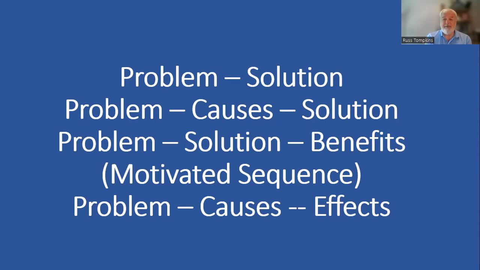Either the positive effects of if we make a change, if we come up with a solution, how things could change for the positive, or you could talk about the negative effects. If we don't come up with a solution, here's the negative things that will continue to happen as a result of this. So these are your ways that you can organize your speech.